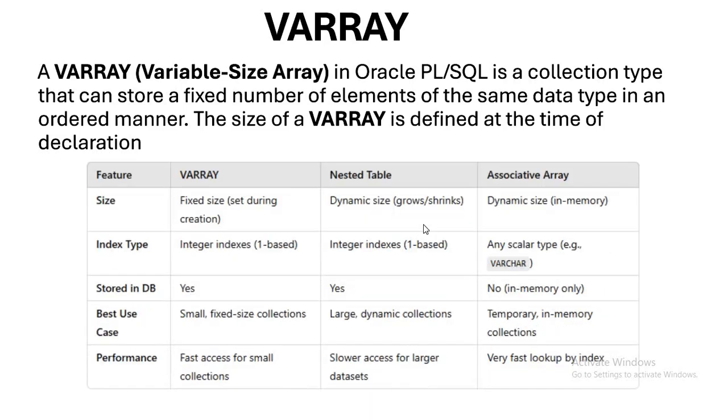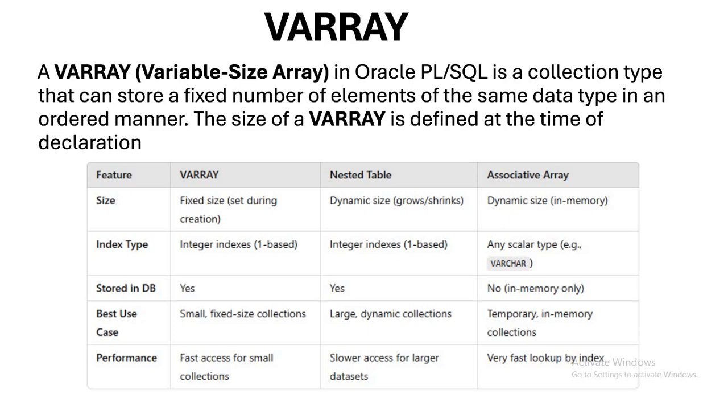So let's see the comparison between Varray, nested table and associative array. A Varray is fixed size, whereas nested table and associative array are dynamic size. In terms of index, Varray and nested table are integer index based, whereas in an associative array, the index can be varchar2 or number.